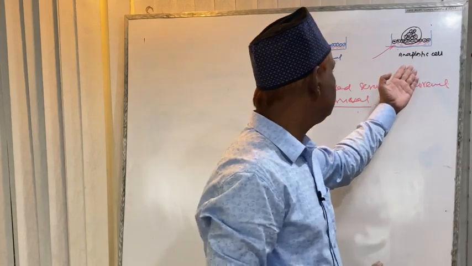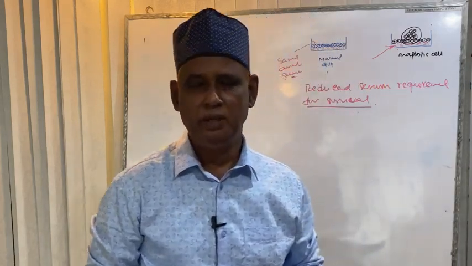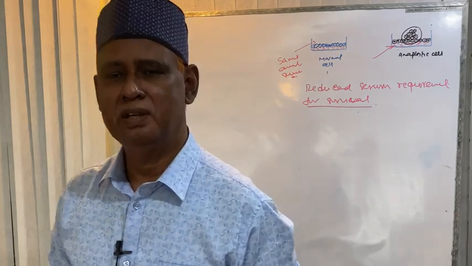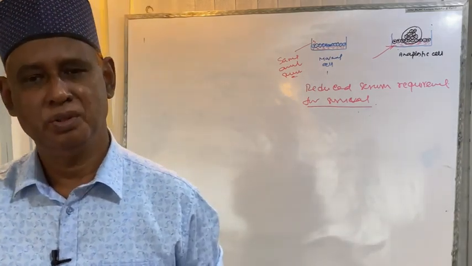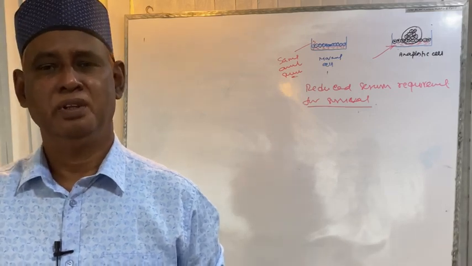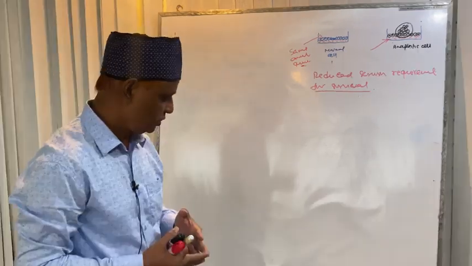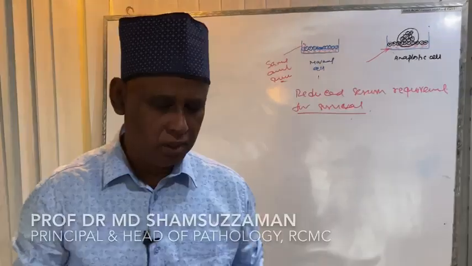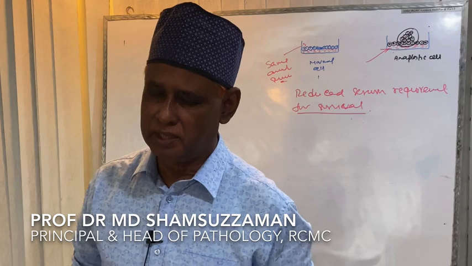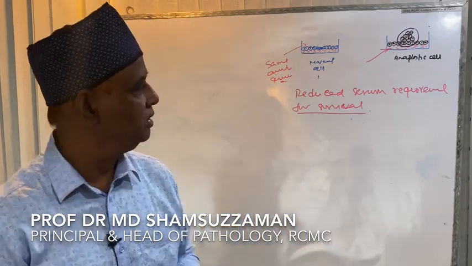If you consider the culture media for the anaplastic cells, you will see all the cells are more or less immature. It indicates anaplastic cells never maturate. Another one is anaplastic cells are immortal.